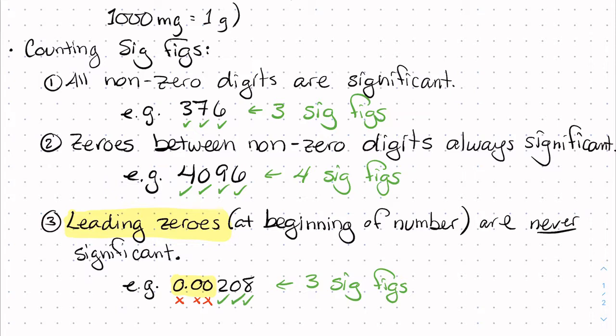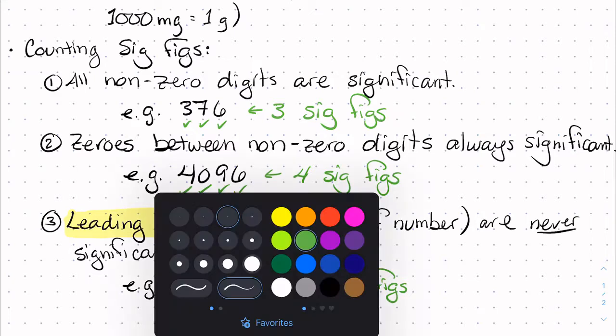So you can't just take them out of the number. This is not the number 208. This is very, very different than the number 208. But from a measurement standpoint, we do not consider those a significant digit. They do still need to be written as part of the number. They're just not counted as significant digits for calculations.